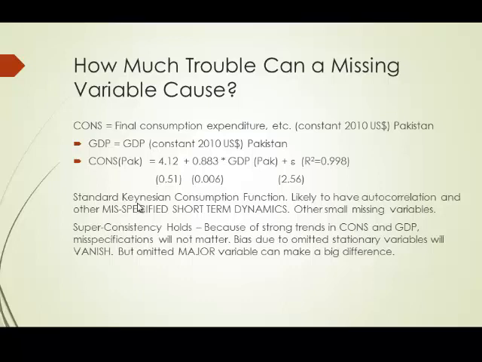The lesson to be learned from this is that if you have the major primary determinant of your dependent variable, and if the major primary determinant is a trending series, so it becomes very big very quickly, then the effect of this can be estimated even if you don't know the exact specification. So this is one good news, a positive result. Most of the talk will be about negative, but this is one positive result.